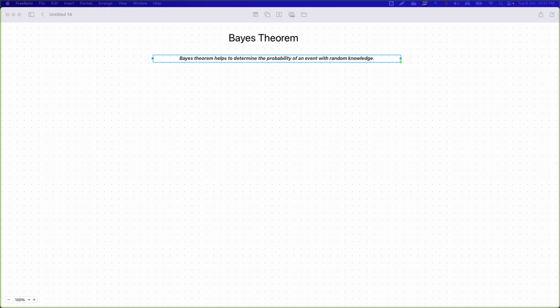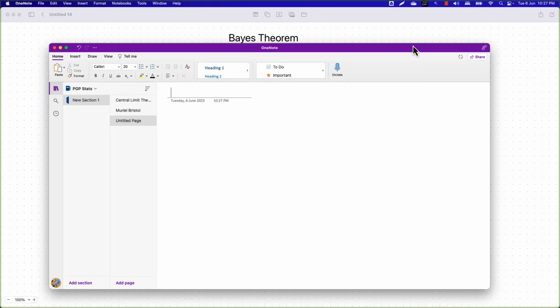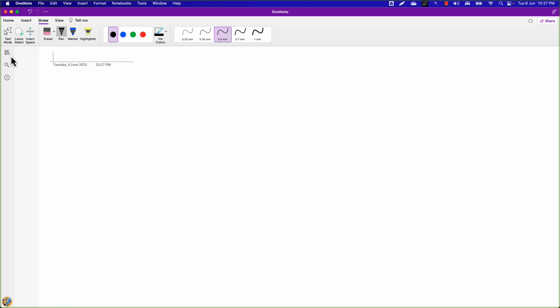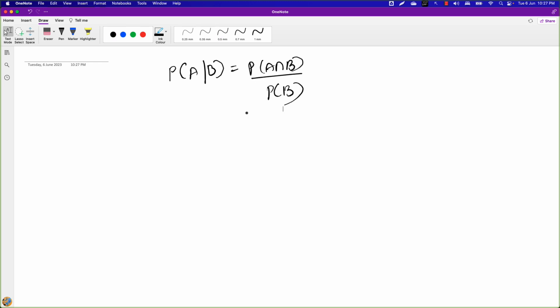Now in order for you to understand this Bayes theorem, let me write down the formula again. The probability of occurrence of event A given event B has already occurred is given by the probability of A and B occurring together divided by the probability of B. Now let us say I have to find the probability of occurrence of event B given event A has already occurred.